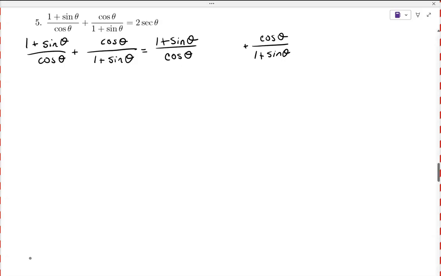It's a lot harder to try to figure out what to do with secant and break it back apart, right? So what would you multiply the first one by? Yeah, 1 plus sine theta. And the second one we would multiply by cosine theta. Cool, good.